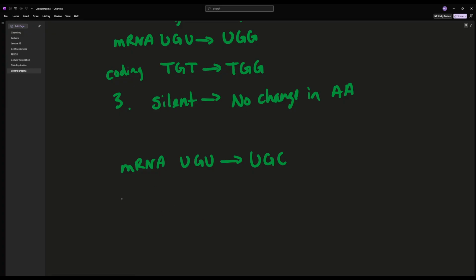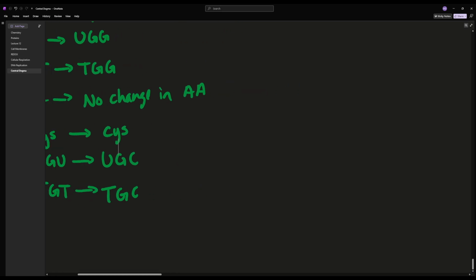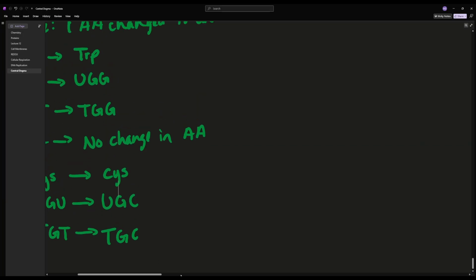This is coming from our coding strand, where we had a mutation of TGT becoming TGC. Using the codon chart, this was originally cysteine, and it is now also cysteine. So even though the sequence has changed, the amino acids haven't changed. This is possible due to what's called the degeneracy or redundancy in the genetic code.